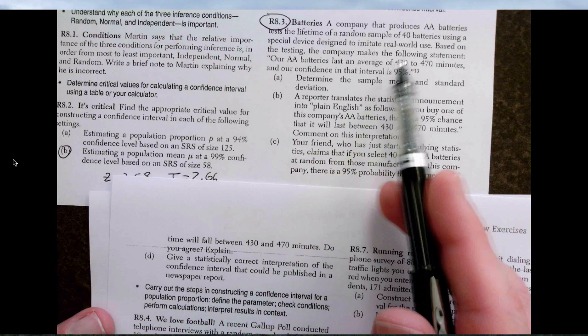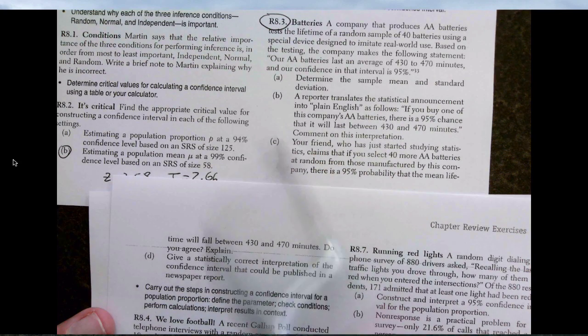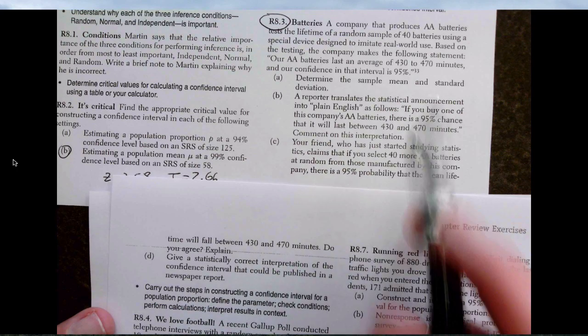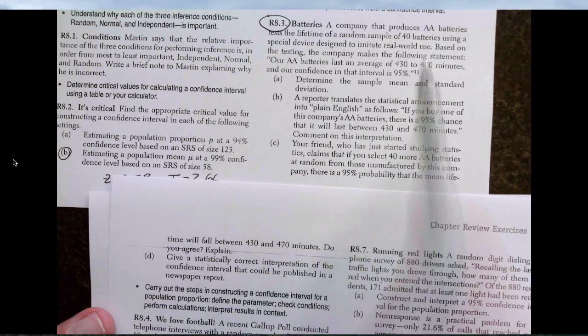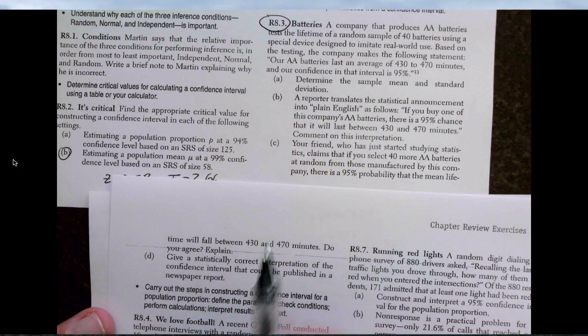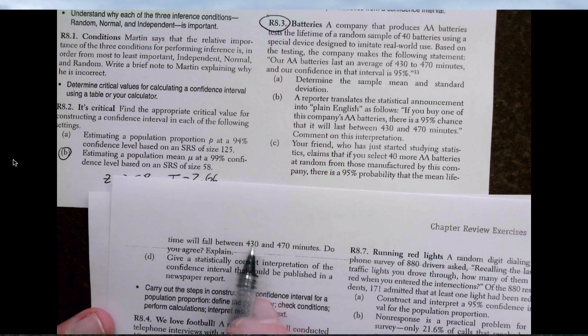That's what we got. That doesn't mean future samples will give us that. Samples can fall in different ways. All we're saying is that we're 95% sure that the true average is between these two. So what we would be sure of is that if we followed it again, we would have a new interval, and we'd be 95% sure that the true mean was between there. It doesn't mean that we're going to end up with the same interval again.